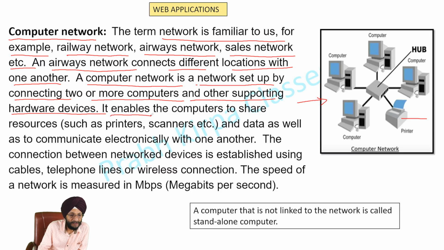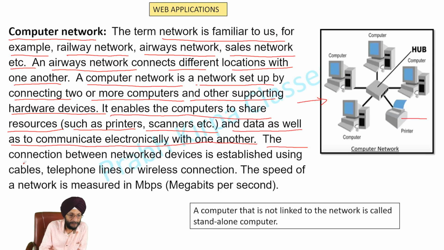A computer network enables the computers to share resources. Resources are printers, scanners, etc. and also share data as well as to communicate electronically with one another.